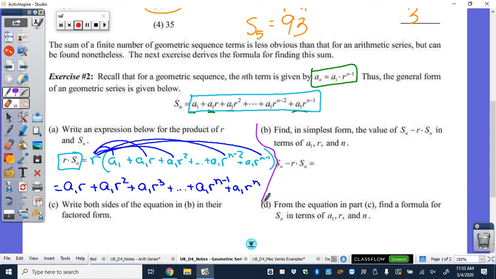So now, they want us to take s sub n, which again is all that stuff up there, and they want us to subtract r times s sub n, which is the stuff that we just got over here. So I'm going to start with s sub n. All I've done again is copy that up there, down here. That's my s sub n.